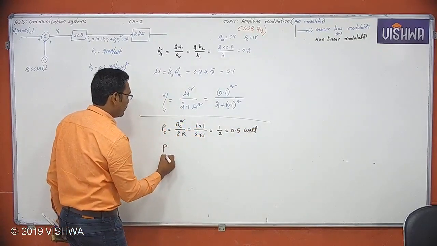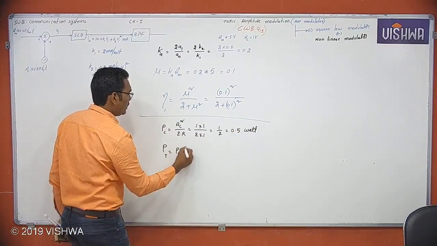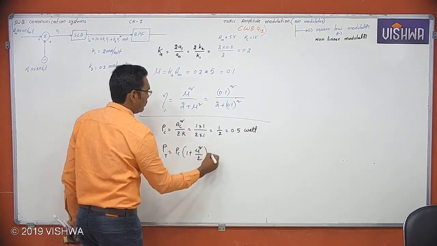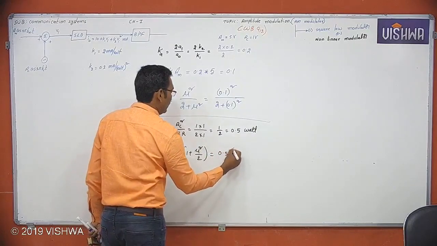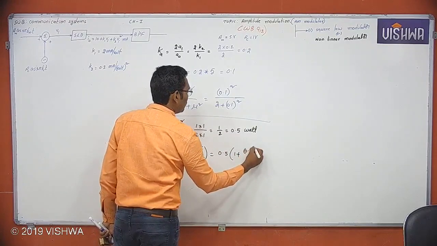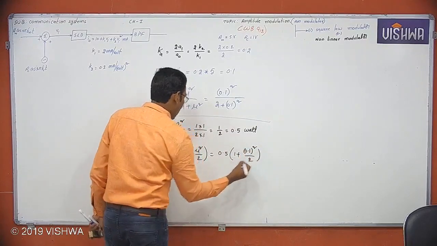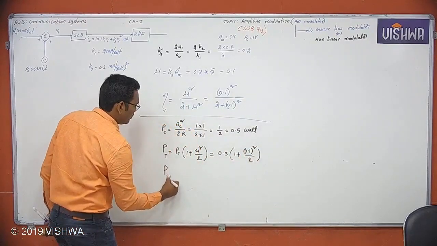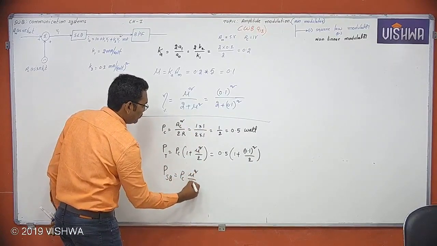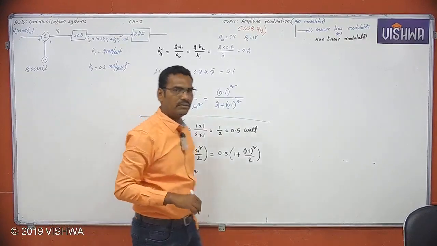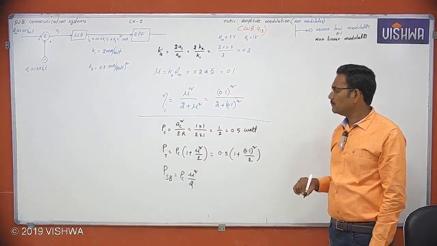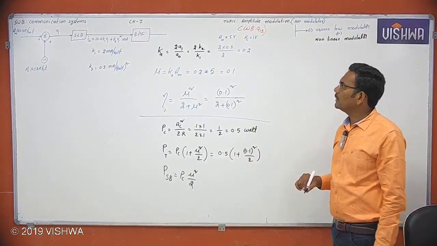Now the total power is equal to Pc into 1 plus mu square by 2, which is equal to 0.5 into 1 plus 0.1 whole square by 2. And the sideband power is equal to Pc into mu square by 2. So you can find everything. No doubt.